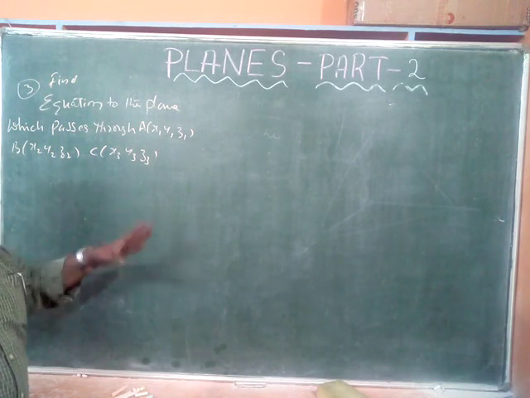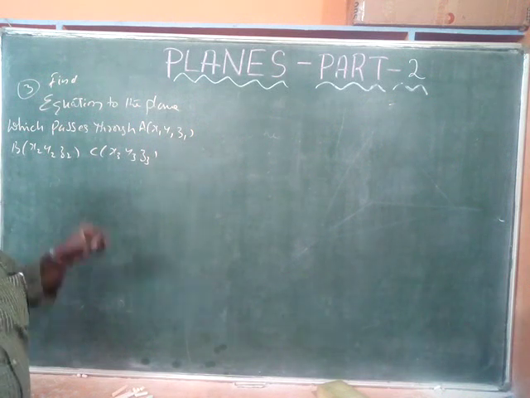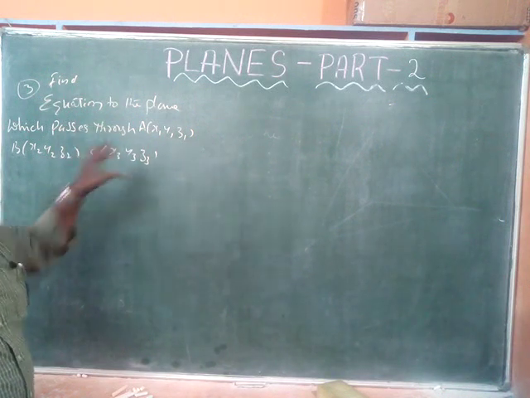From any 3 points in space, a plane can pass. Then what is the equation of that plane?